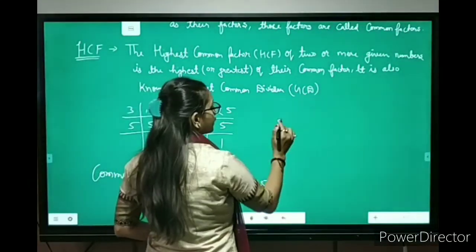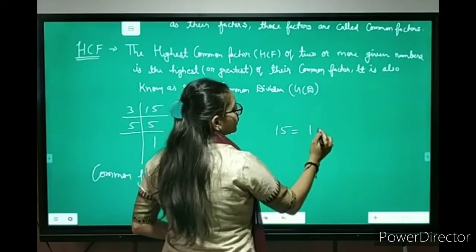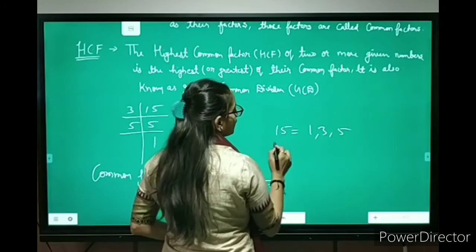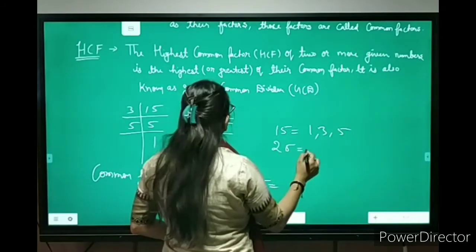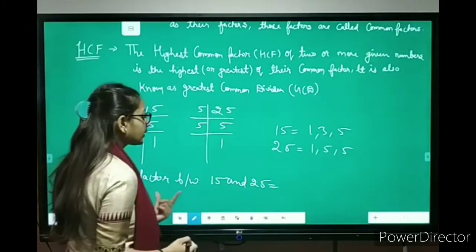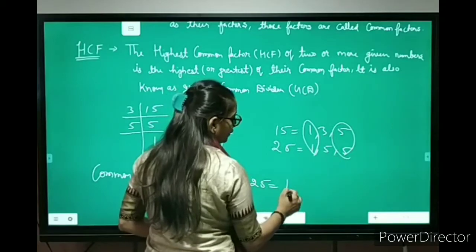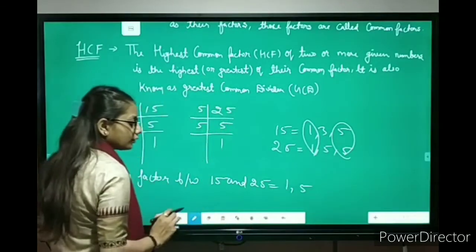Factors of 15 are 1, 3 and 5. Factors of 25 are 1, 5 and 25. So the common factors between 15 and 25 are 1 and 5. Okay.